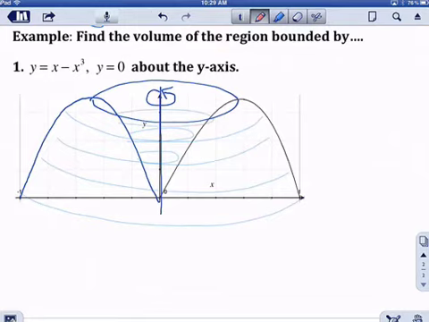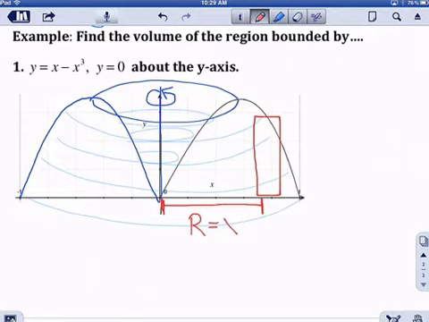So the first thing we want to do is draw a representative rectangle. Okay, and we need to find the radius, which always goes from the axis of revolution over to that rectangle. And so in this case, our radius is simply going to be the x value at the rectangle.